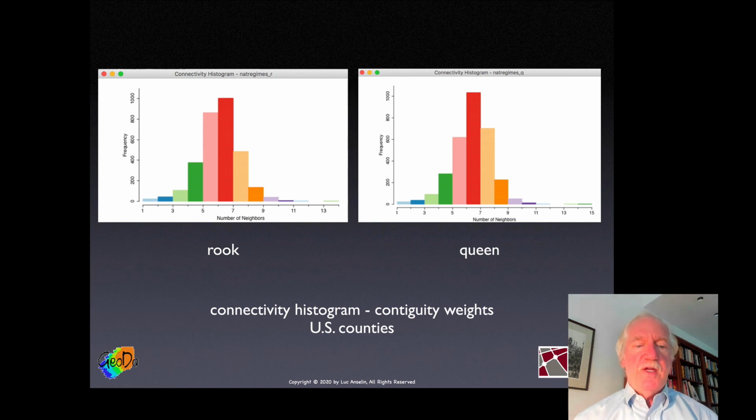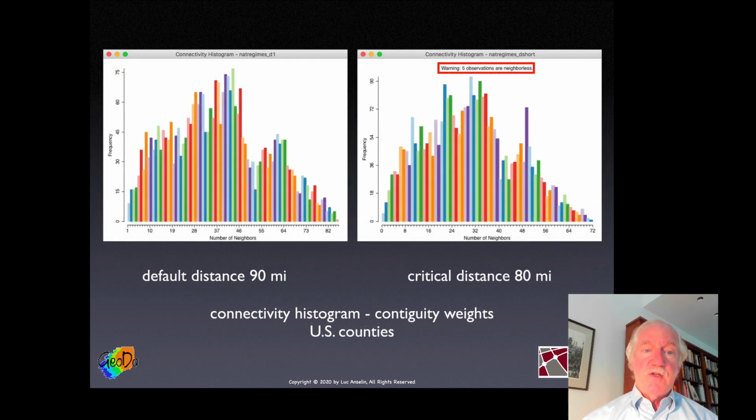So then, this is our connectivity histogram. It just gives you, for both rook and queen, that the mode, the largest number of observations that have that number of neighbors, 6, is for US counties. Okay. This is what this looks like when we use a distance-based criterion. Remember, we came up with our max-min distance of 90 miles for US counties.